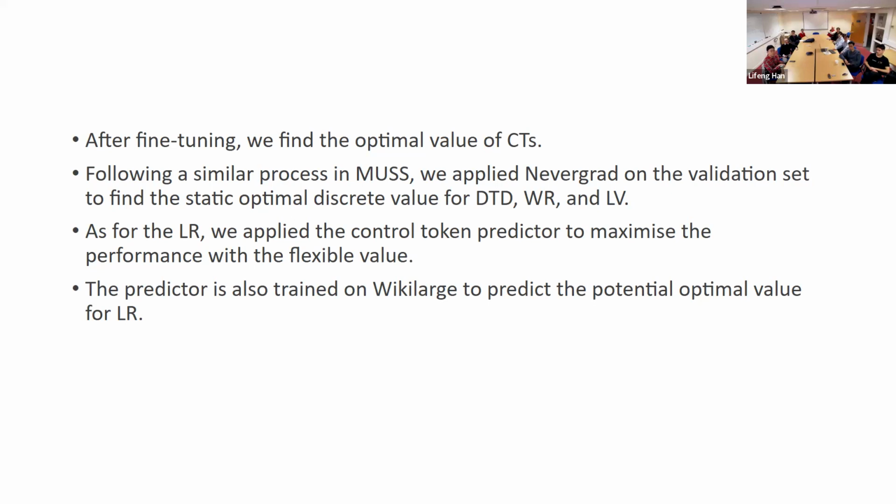So based on this modified BART, which has been trained on WikiLarge, we can control the statistical characteristics of the outputs. Following a similar process on WikiLarge, we do this on the PLABA dataset, and we also try to find the best values to maximize the SARI score, which is one of our main metrics, on the validation set. Then lastly we test it on the test set.